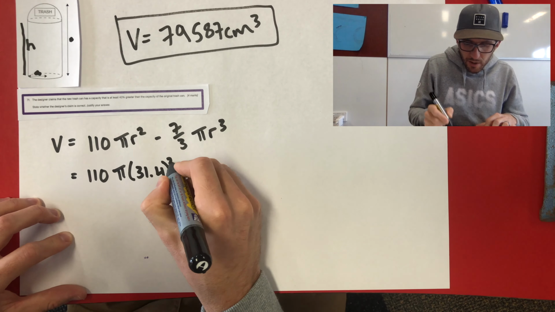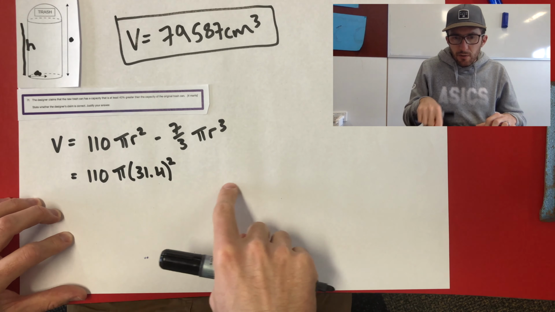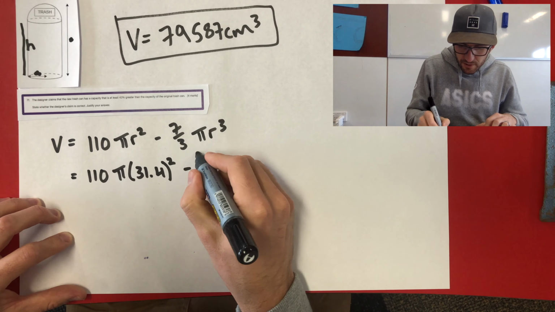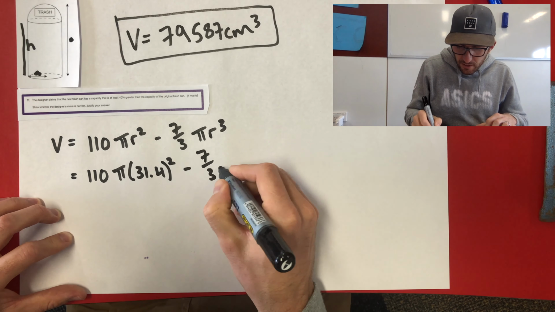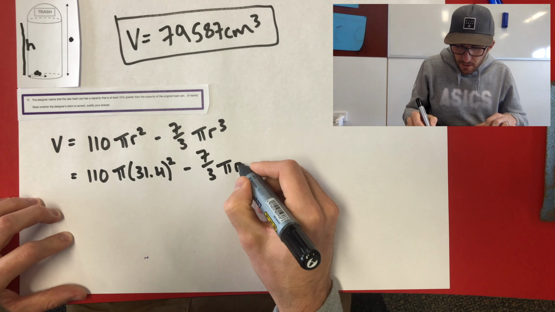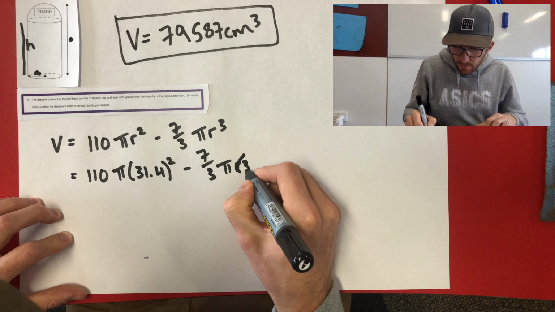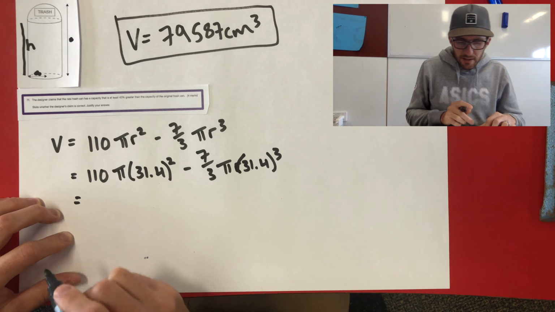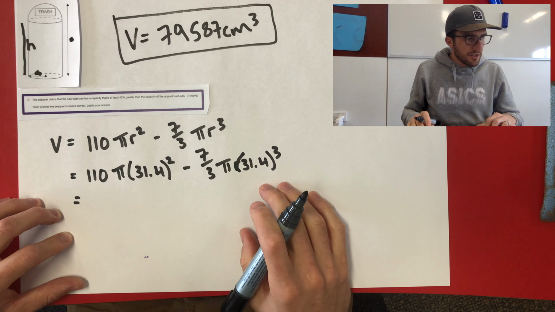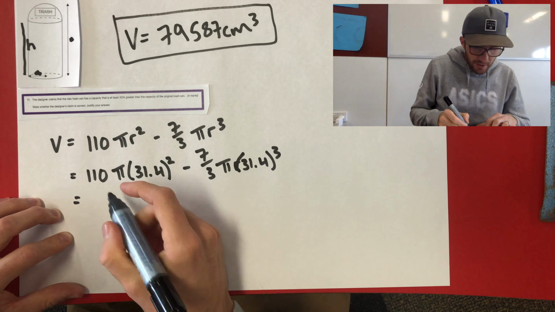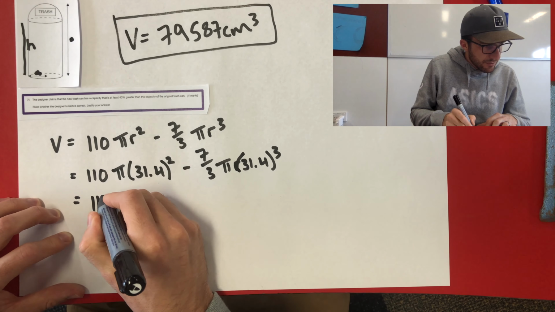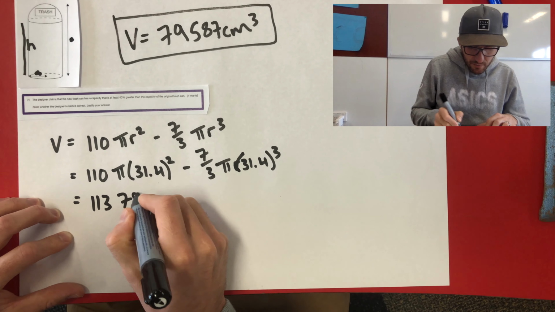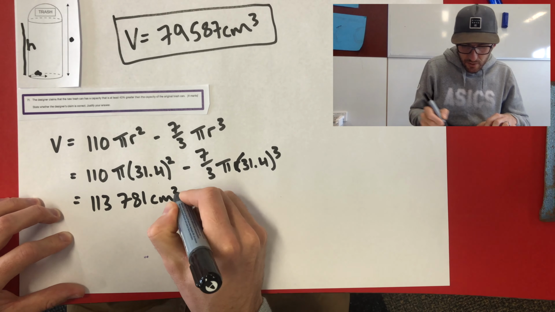And it was a longer decimal number than that, so make sure you're actually using the longer decimal number, otherwise it will affect your accuracy. I'm just writing the short one, 31.4. And so chuck all that into your calculator, and you should get 113,781 centimetres cubed.